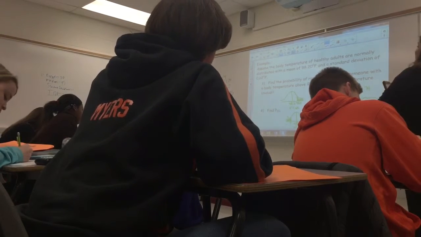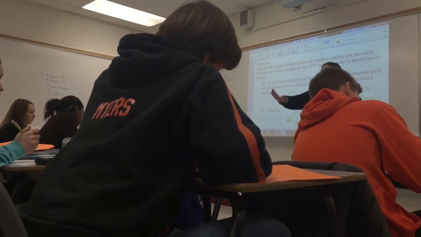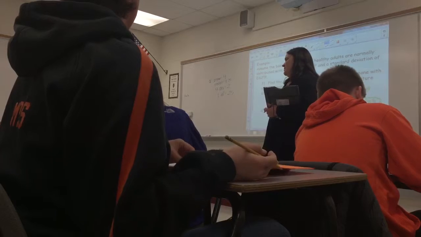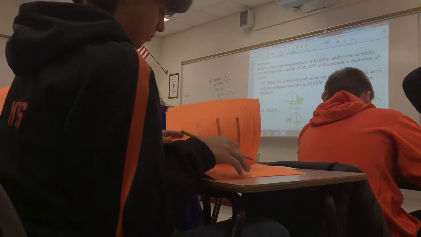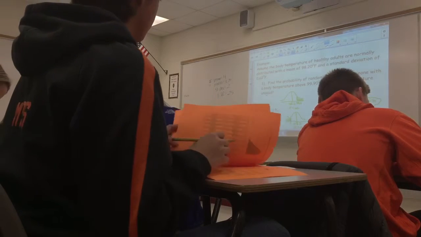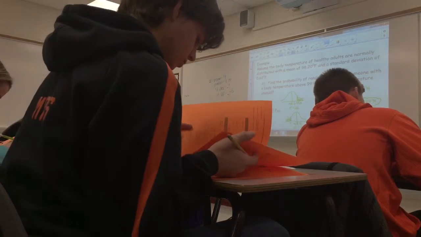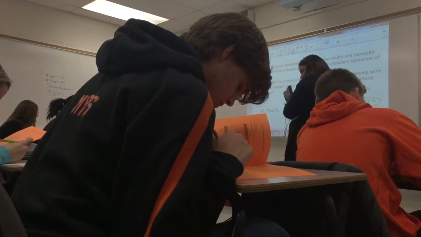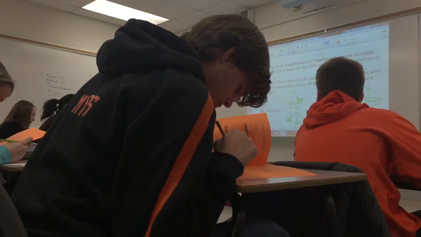The 20th percentile, we want to find 0.2 on the inside of our orange sheet. Find the z-score that corresponds to it. So once you start there, what do you get?